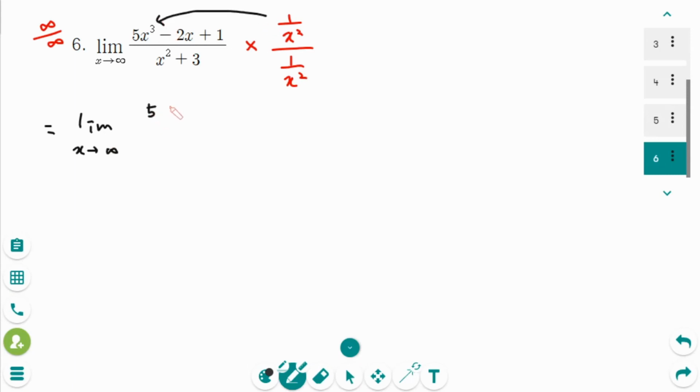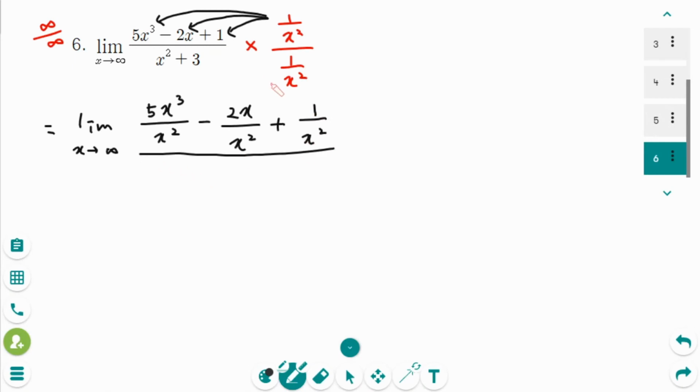And expand. Middle one. The last one. Over. Same thing. And the last one.